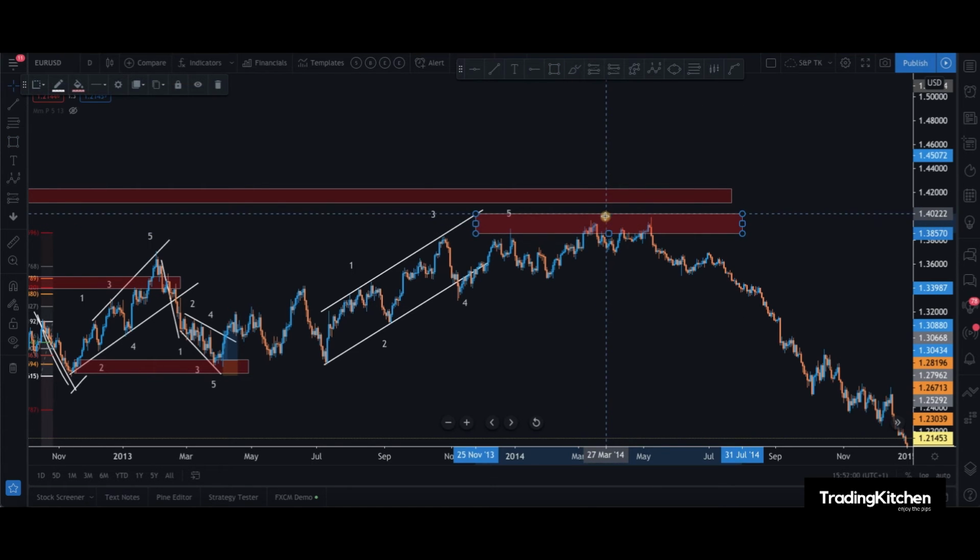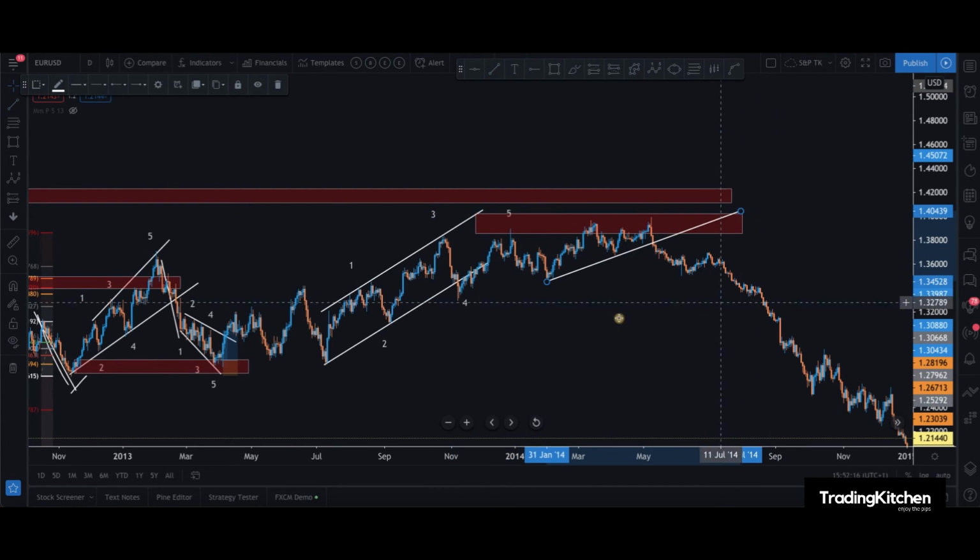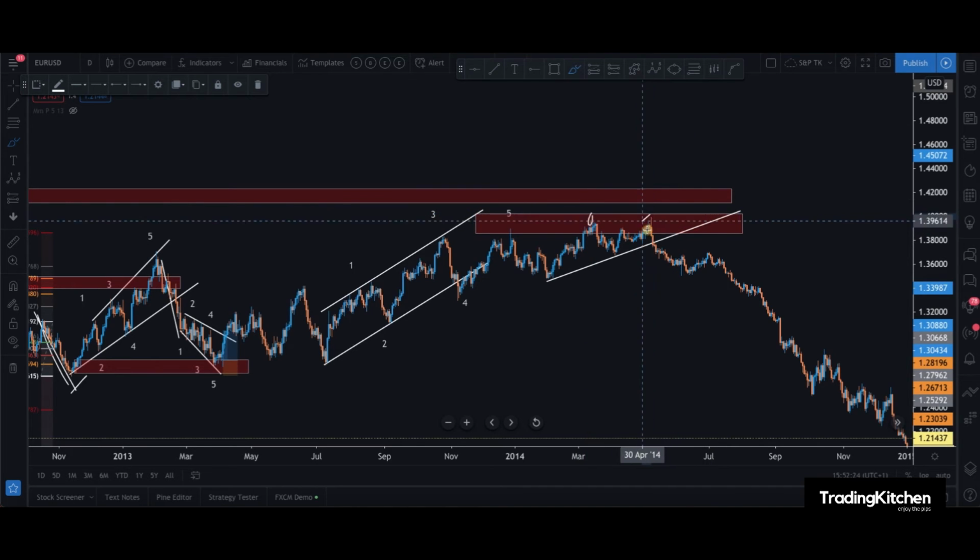We have here something quite similar to a triple top, where maybe this will be the neckline, or maybe this is a double top, just one or two.